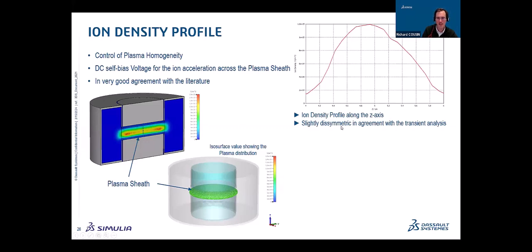We have a slight asymmetry, which is in agreement with the transient analysis and with what has been published as well, because this depends on the time at which we extract this information. What we nicely see here is the oscillation of the plasma in this area, and that's why we see this asymmetry.